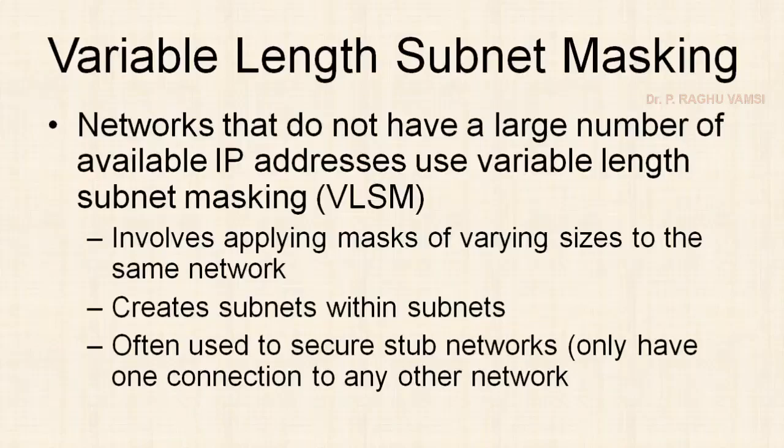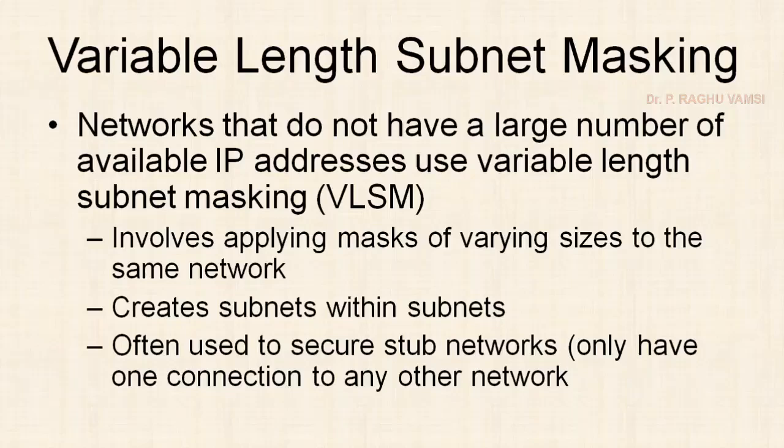Now we'll see variable length subnet masking. Variable length subnet masking will be helpful in large companies with large networks. Networks that do not have a large number of available IP addresses use it. It involves applying masks of varying size to the same network.